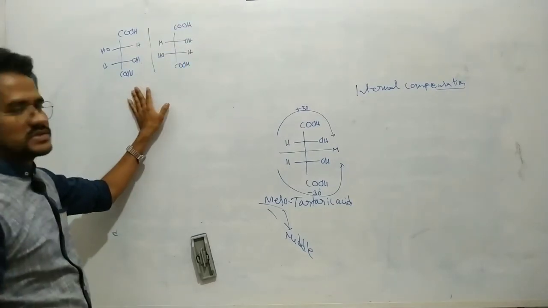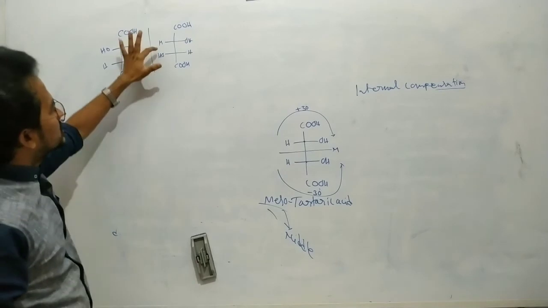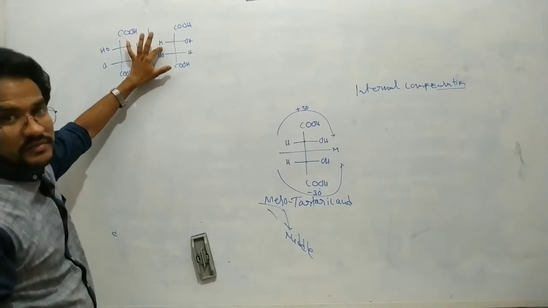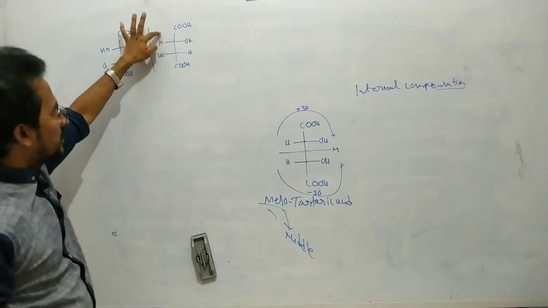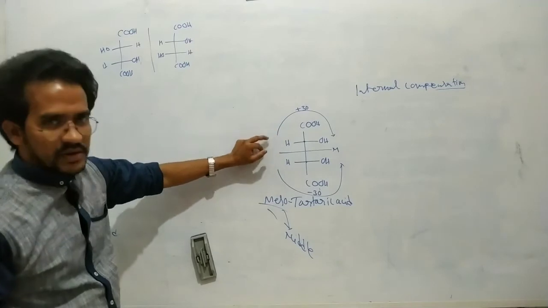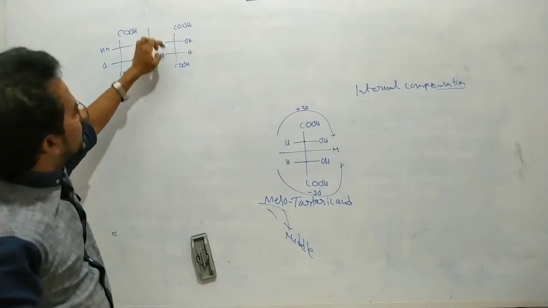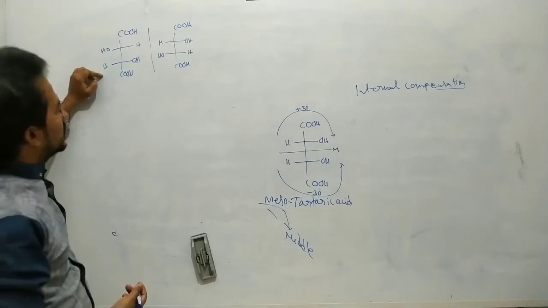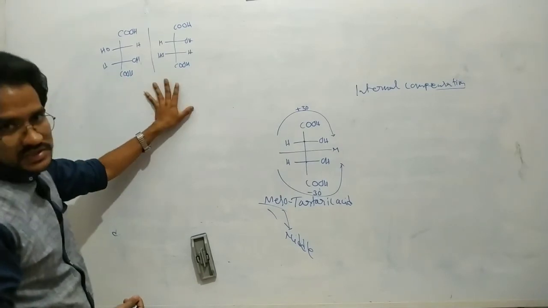Now these two are mirror images. This one has no plane of symmetry. These molecules are mirror images of each other.